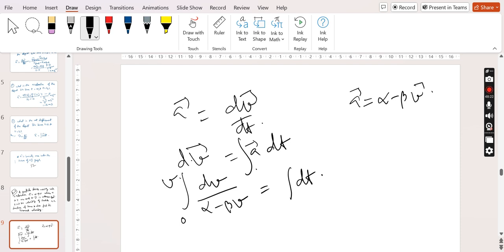So it is 0 to v, and 0 to t. This side is t, there is no problem with that. This side, we need to make the integration. To do so, we need to take the common beta out.